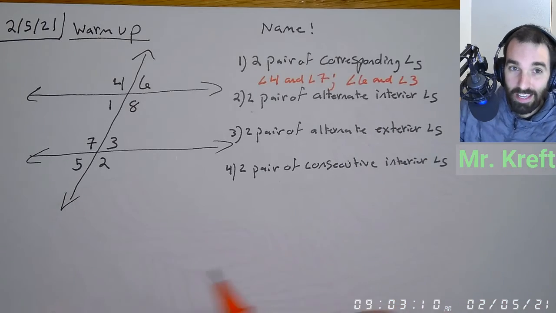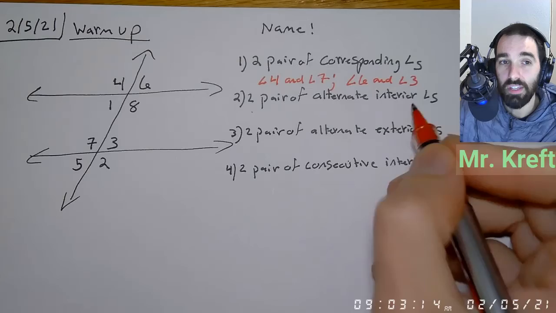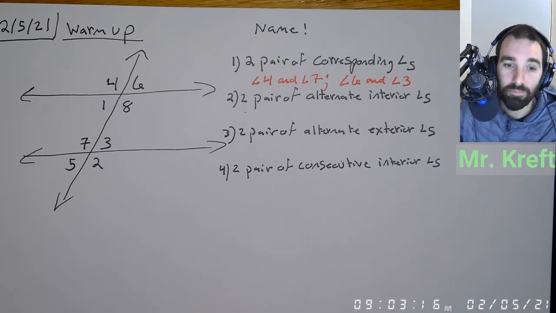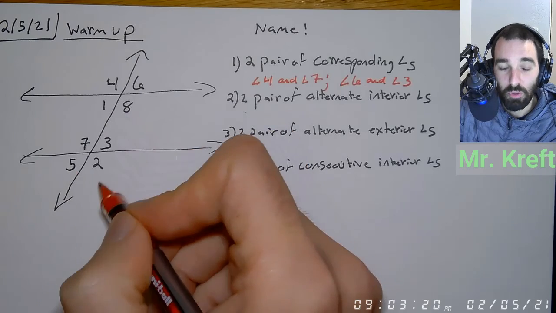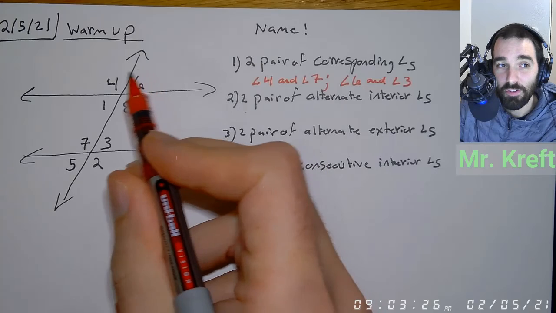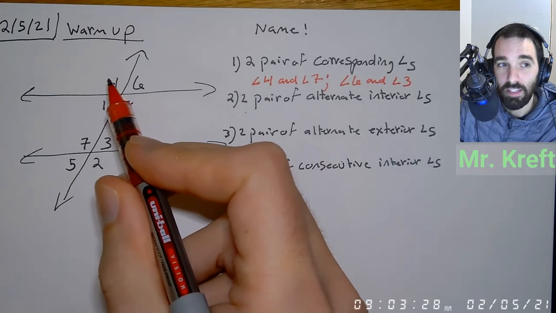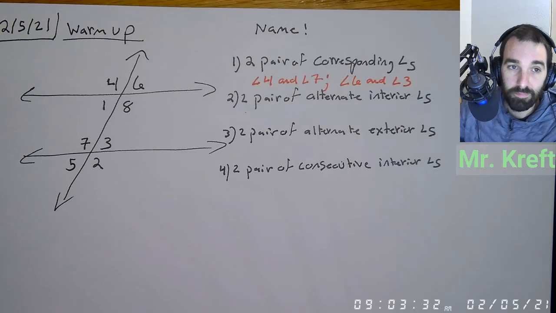I know it's hard to type an angle into chat, but make sure when you're writing in your notes, it's angle 6 and angle 3. There's a lot of them: 1 would go with 5, 8 would go with 2. There are going to be 4, and the reason is that these cities are split up into 4 parts: the upper left, the upper right, the lower right.